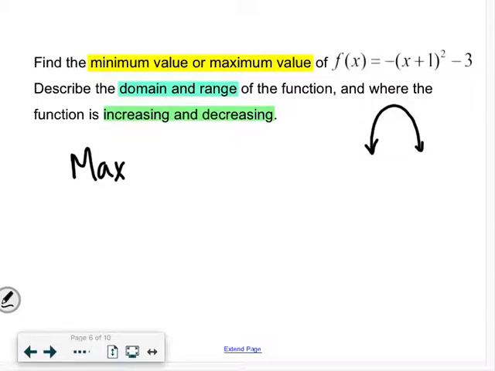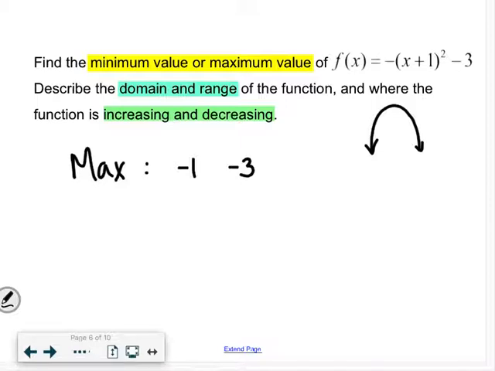And then what was the max value? -3. Colin? -1? So you just said -1? Ashlyn, what did you guys say? -3. Just -3?